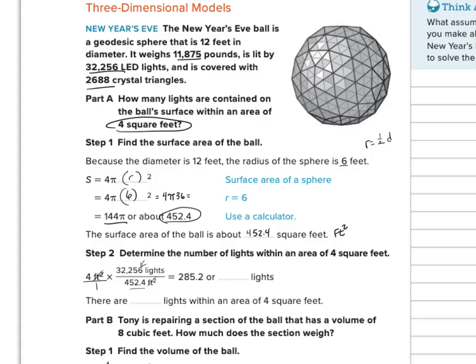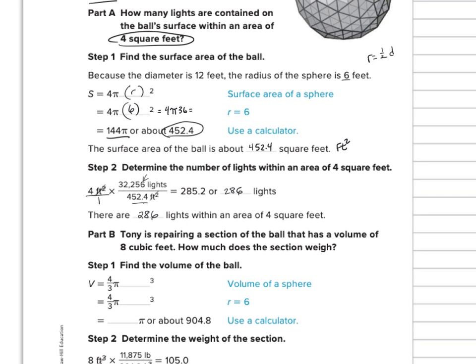So I'm just multiplying 4 across divided by this, and it comes out that there are approximately 286 lights within the area of 4 square feet. Okay, so that's just being able to convert, going from the entire object to just a portion of it.